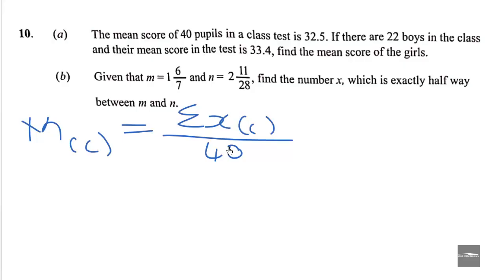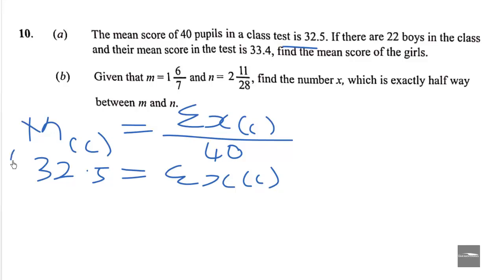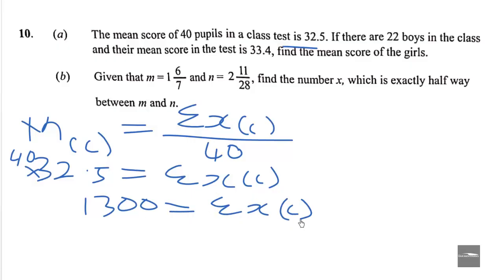So the mean score of the whole class, which is 32.5, is equal to the total sum of the whole class over 50. So we multiply this by 50. So 50 times 32.5, and that will give us 1,625. So the total score of the whole class is 1,625.